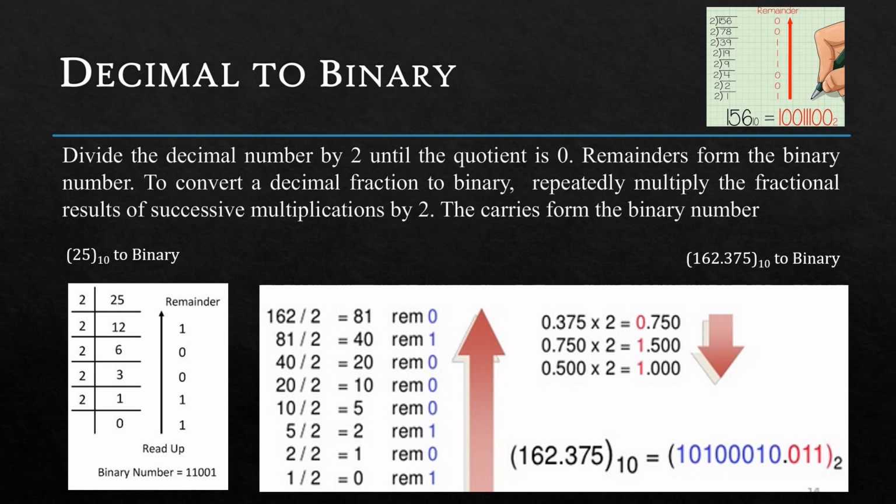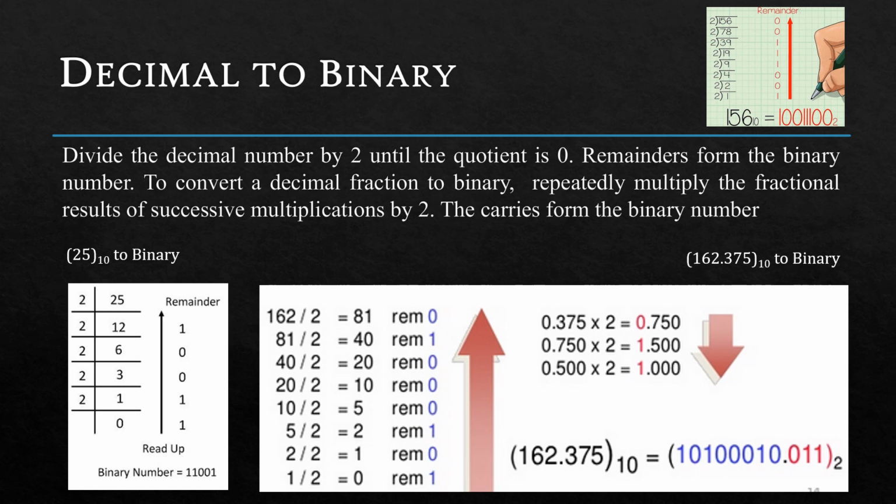Then the fractional part 0.750 is again multiplied by 2, giving 1.500. That carry is recorded.